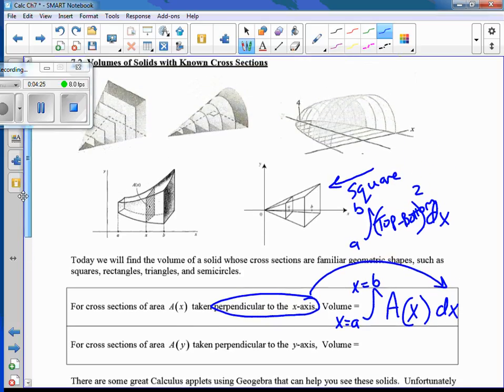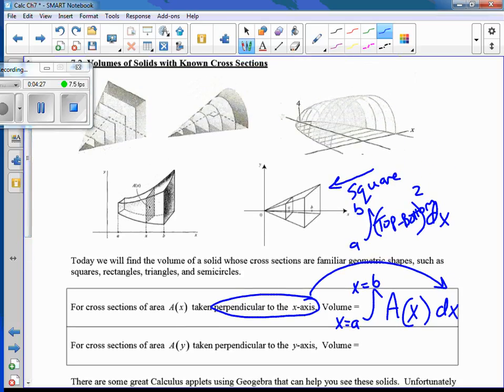Now let's see one that's different. See this object right here? This one has shapes that are semicircles. The area of a semicircle is pi r squared divided by 2. Since pi over 2 is a constant, you can just leave it outside. Assuming this is with respect to dx, the semicircles are perpendicular to the x-axis, so this will all be with respect to x.